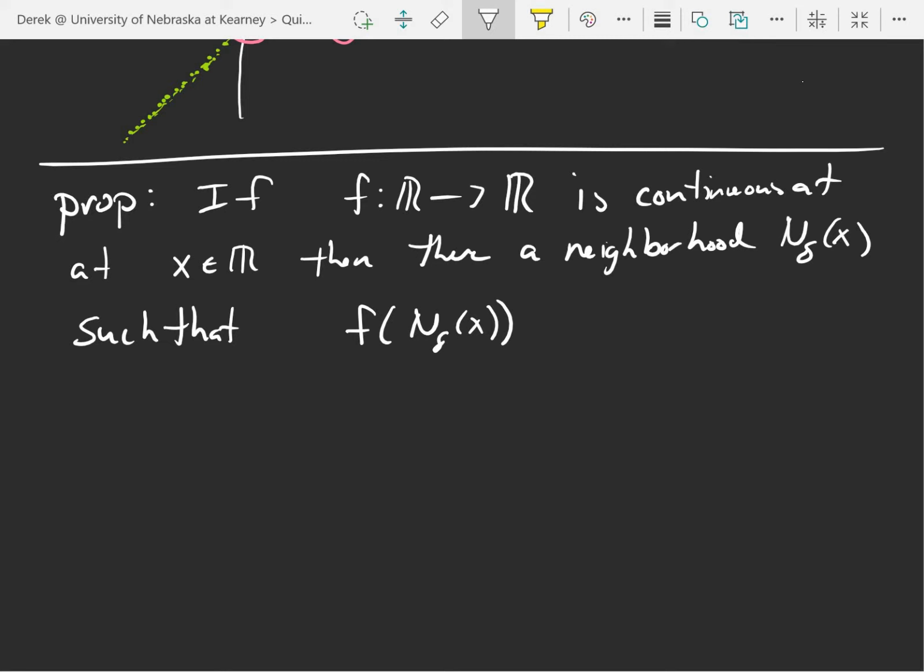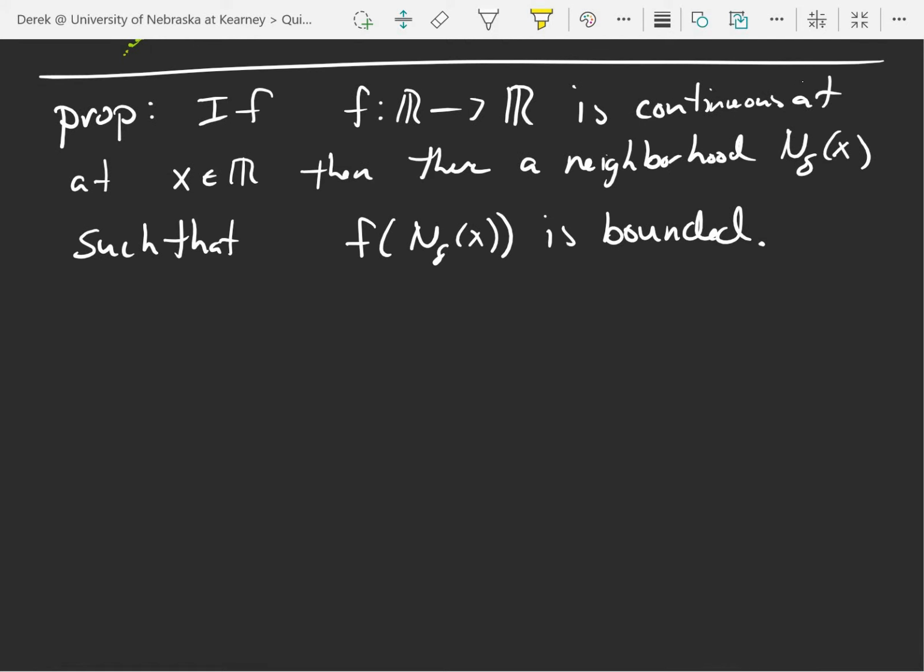So this as a set is bounded. It means all of the values in that set are finite. It can't go off to infinity inside that interval anywhere. And these are open intervals, which makes it a little bit stronger in some sense. So let's prove this.